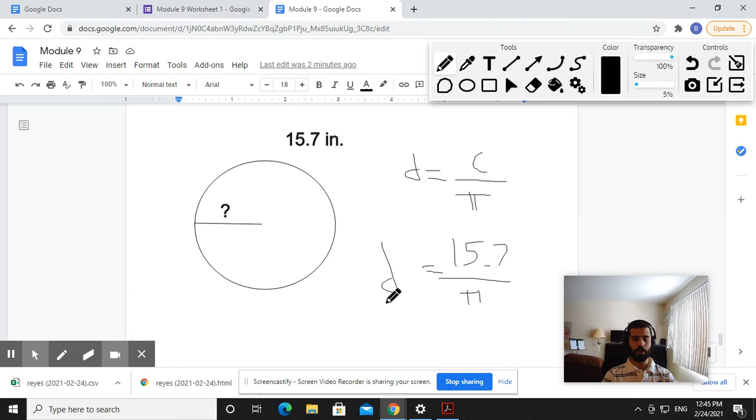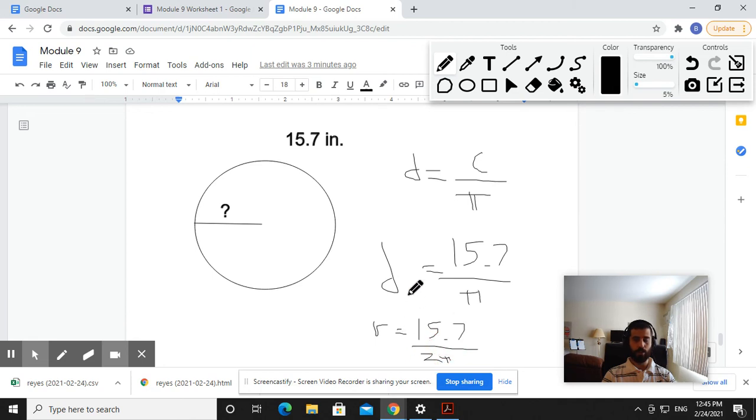So if we want to find the radius, we know that's half of the diameter. So we'll have to divide it by 2. So the radius is going to equal 15.7 divided by 2 pi.